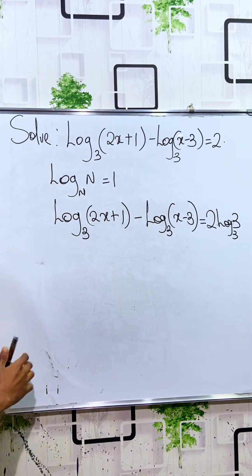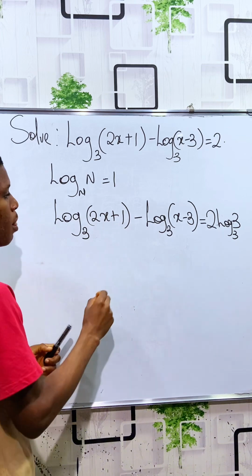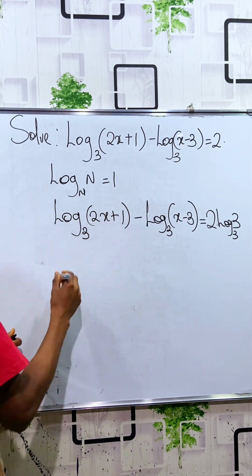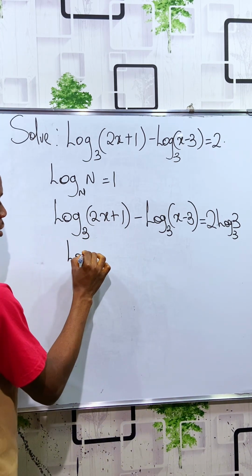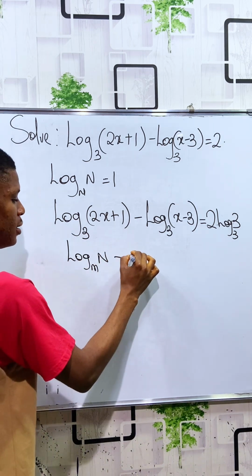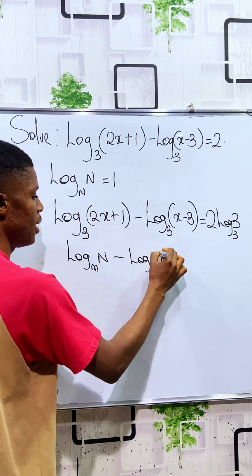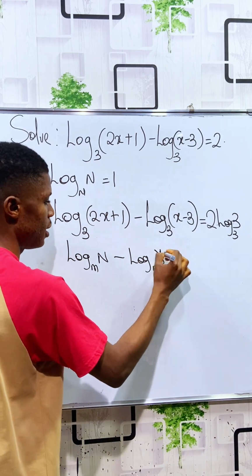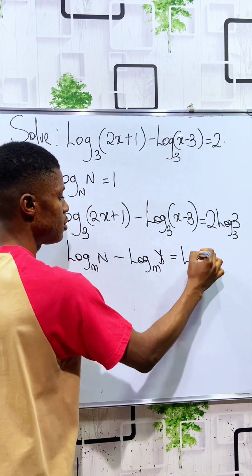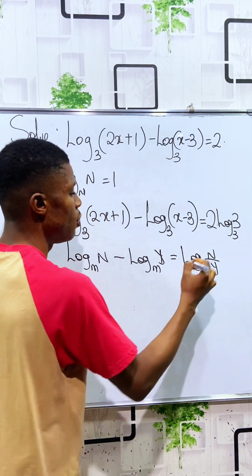So since you understood this, here we are subtracting logarithms in the same base. In subtraction of logarithms, where you have log to the base of m of n minus log to the base of m of y, it is the same thing as log to the base of m of n divided by y.